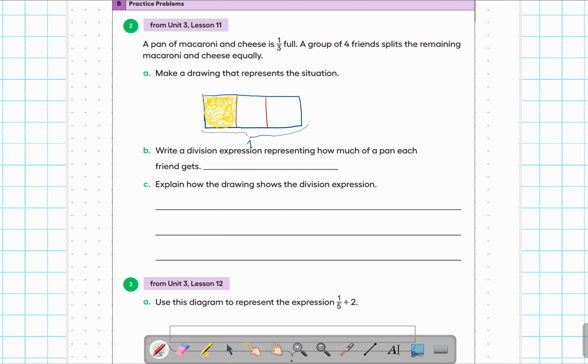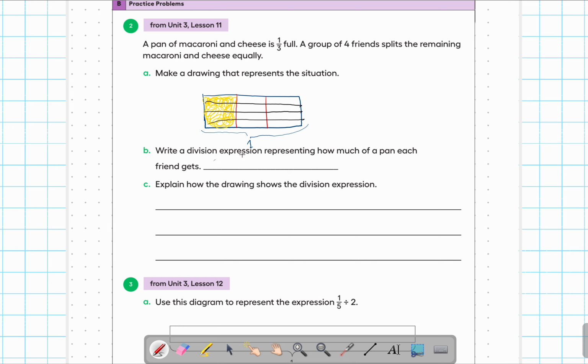Let's split it up in 4. So all right, so we just split it up into 4. 1, 2, 3, 4. Okay. So this diagram shows us the situation here.